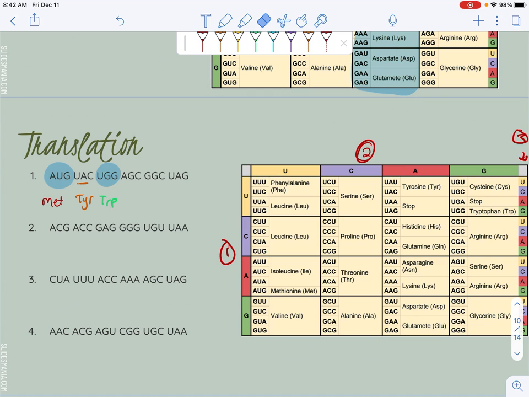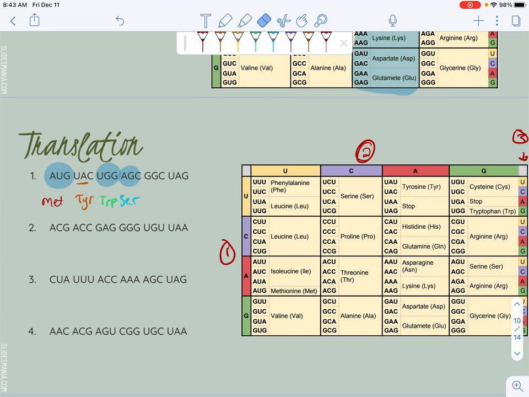There's only one of them. Next, AGC. So I go across in the A's, I go down in the G's, they intersect over here, and AGC makes serine, S-E-R. So serine.